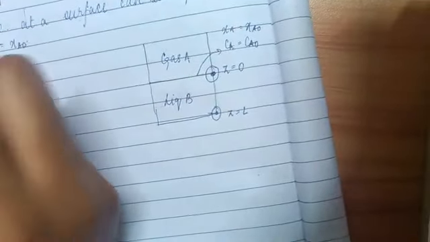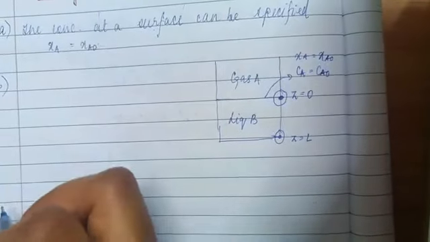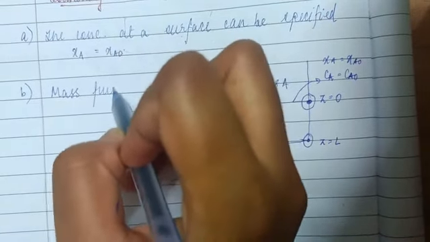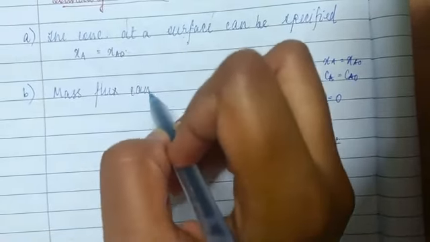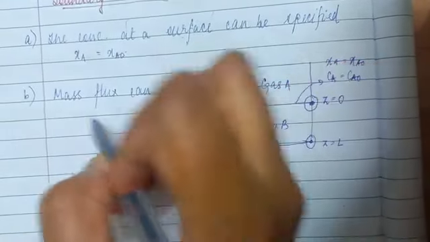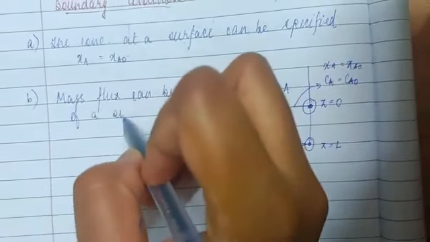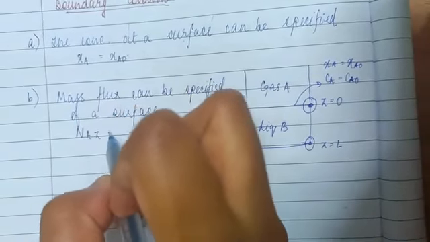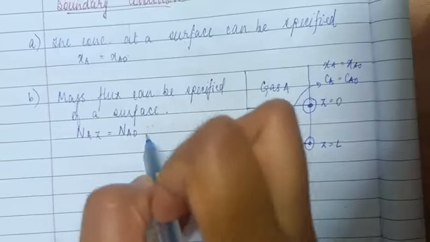The second boundary condition can be that the mass flux of A at a surface can be specified. That is, NaZ is equal to Na0.